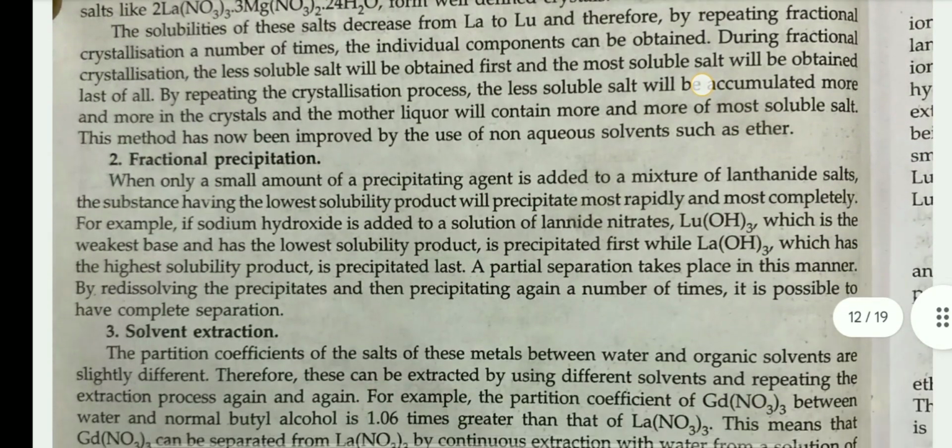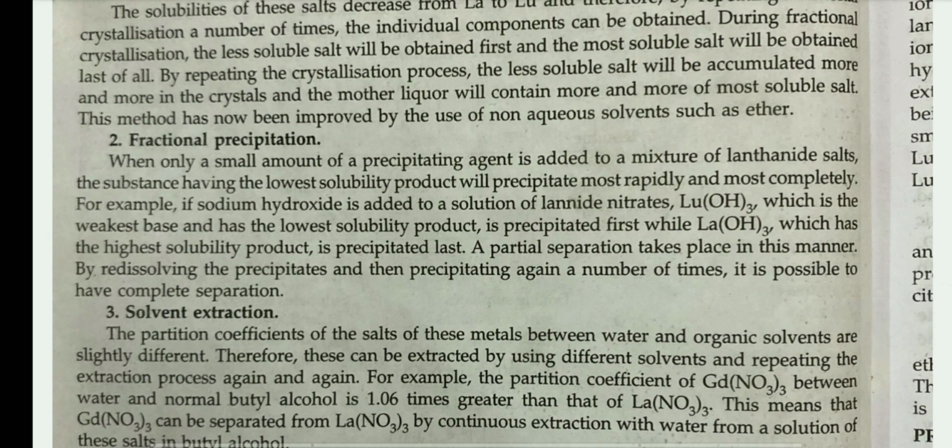Fractional precipitation. When only a small amount of precipitating agent is added to a mixture of lanthanoid salts, the substance having the lowest solubility product will be precipitated most rapidly and most completely.